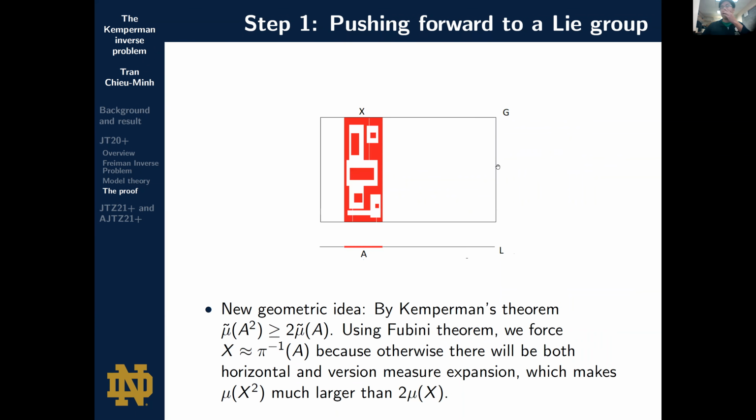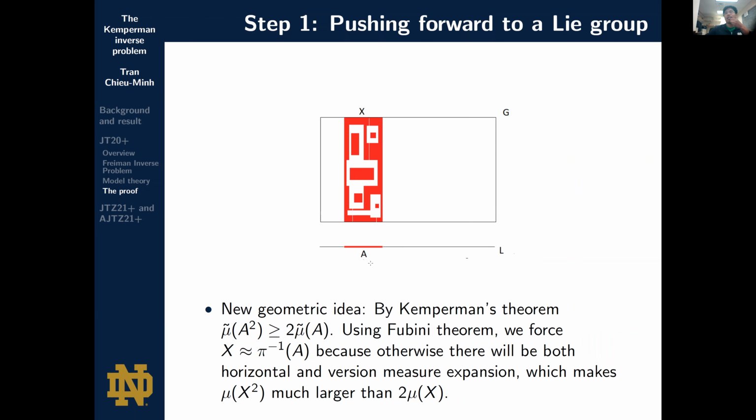So in summary of the picture, what we get is that we managed to get from our original group G into a Lie group L with bounded dimension, such that X is, let's say 10% of, the inverse image of the set I, right?